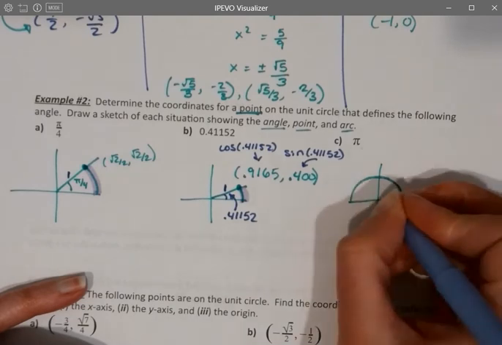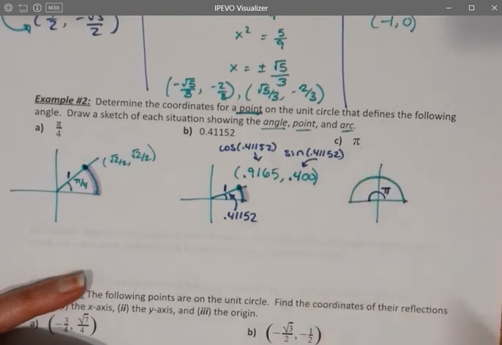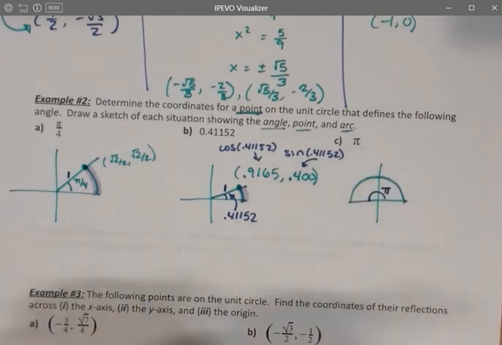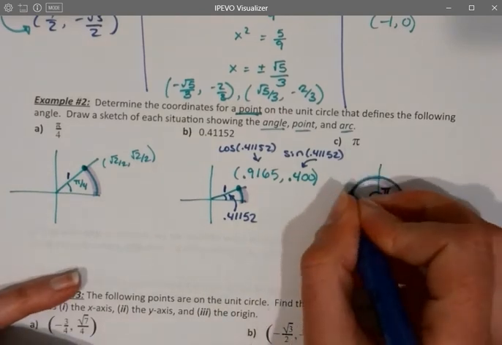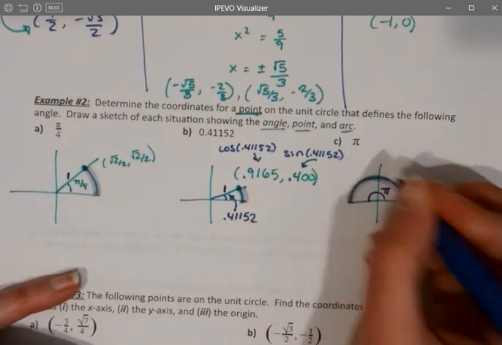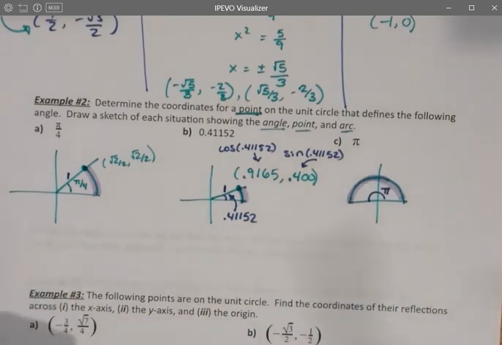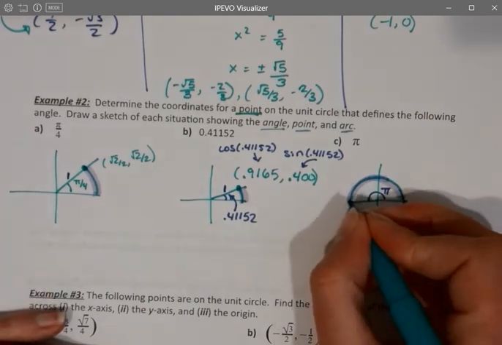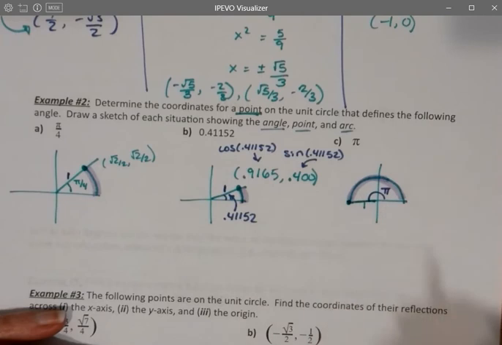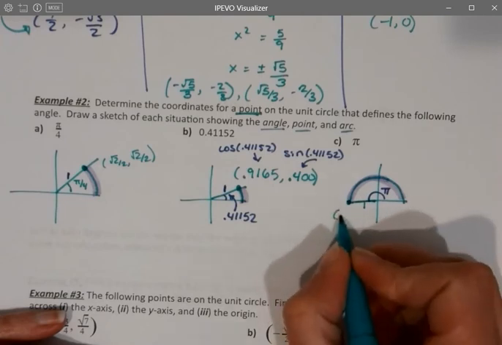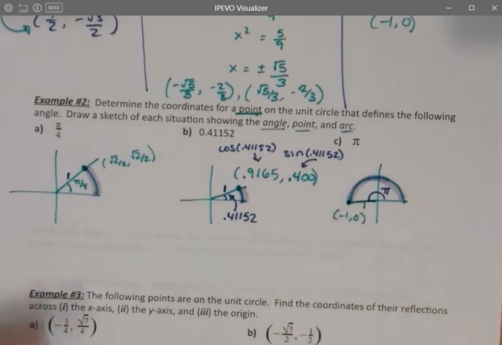For this to be the angle pi, and then the length of that arc is exactly pi for a radius of 1 for the circle, because that would be the arc length, matching that circumference of half of the circle. All right, and then the point that defines it. Okay, so again, my radius is 1, so my radius is 1 right here, so over to the point -1, 0.